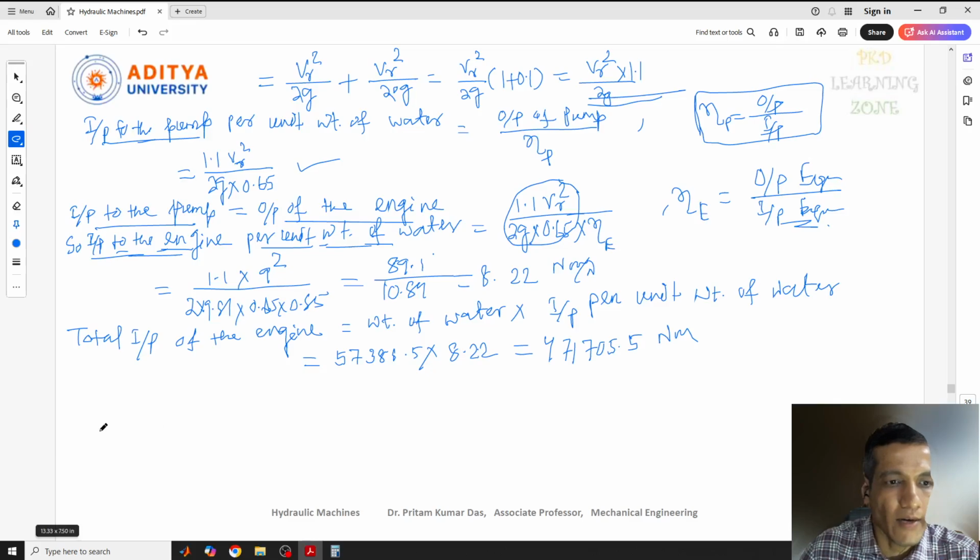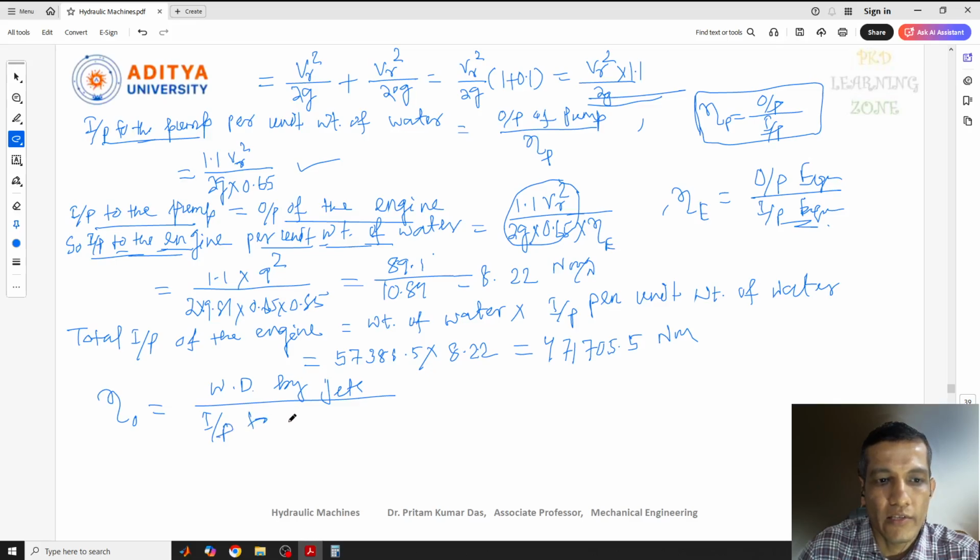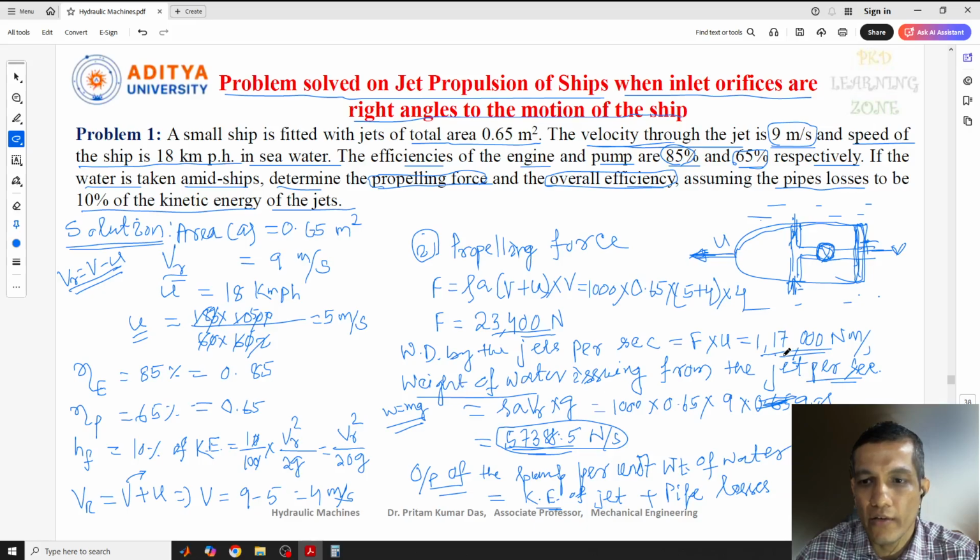Okay. Now finally we can write the overall efficiency. The overall efficiency, eta naught, equals the work done by the jets divided by the total input to the engine. The work done by the jets we have already calculated in the first slide, 117,000.